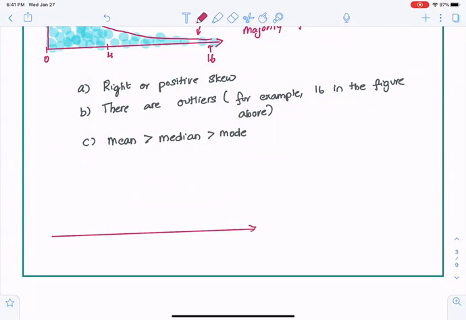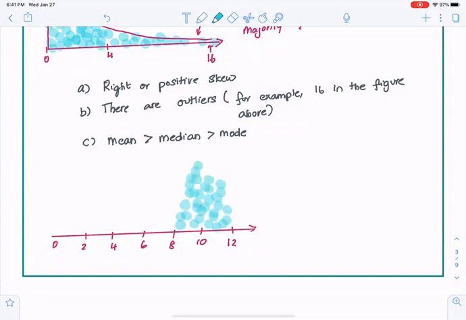Let's say 0, 10, and if I put a lot of observations right there, so each dot would represent an observation between 8 and 12, majority of them are piling up between 8 and 12.